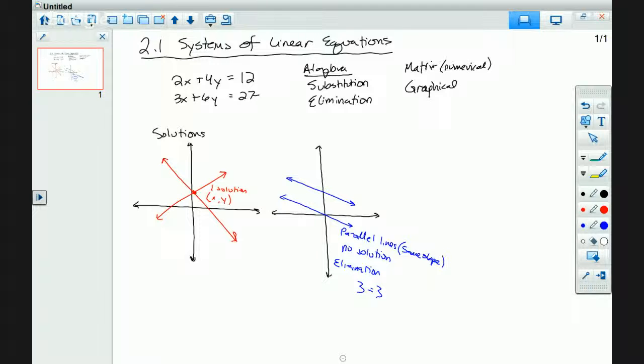Two numbers that are the same equal to each other. So if you solve these and you get just two numbers equal to each other and it's not true, you have parallel lines. Okay, so you can look at the slope and say they're parallel. You can subtract these two. If they give you the same answer here, they're parallel. Okay. There's one more solution that we can have.